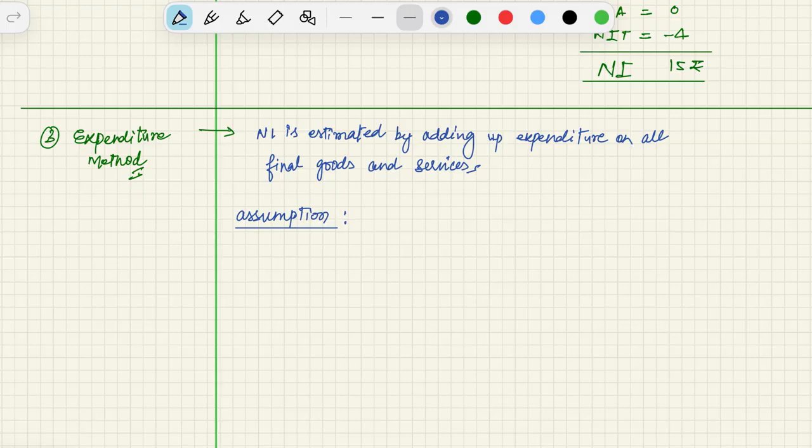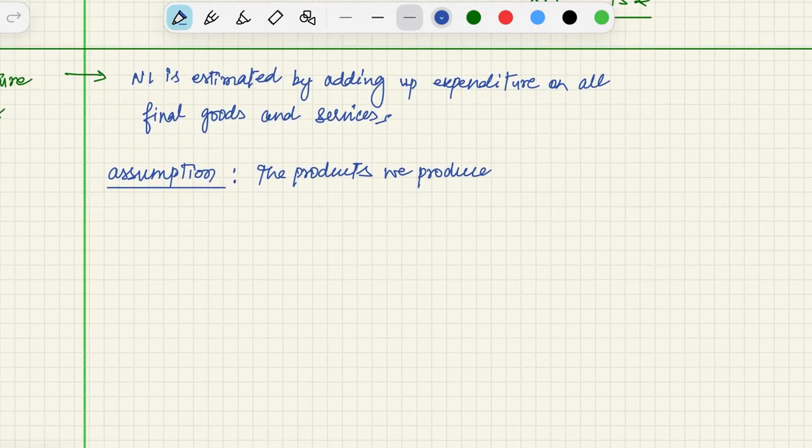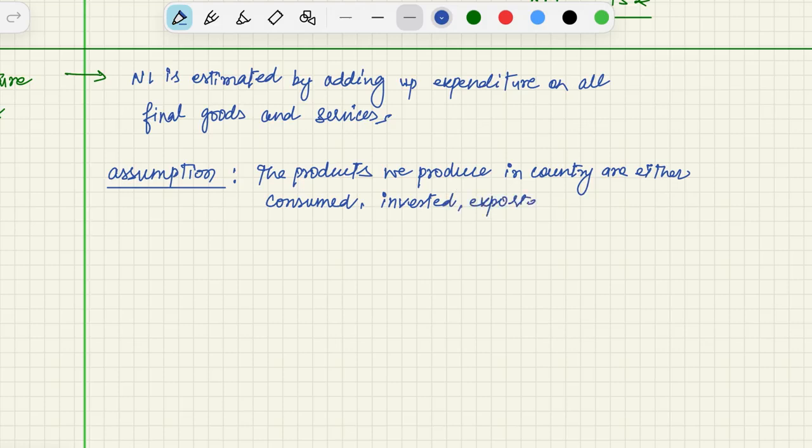While calculating national income through the expenditure method, there is an assumption that the products we produce in the country are either consumed, invested, exported, or go into stock.